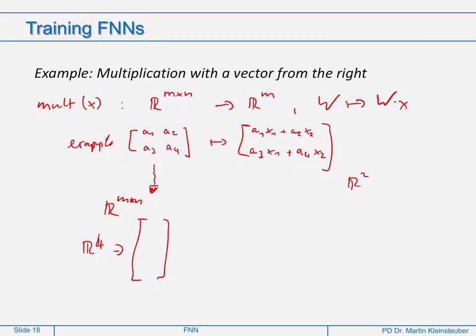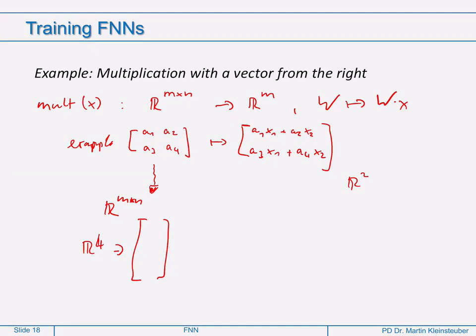And one way that this is typically done in engineering is the vectorization form. So you vectorize, that means you take the first column of your matrix, A1, A3, and then you take the second column and just plug it below, right?